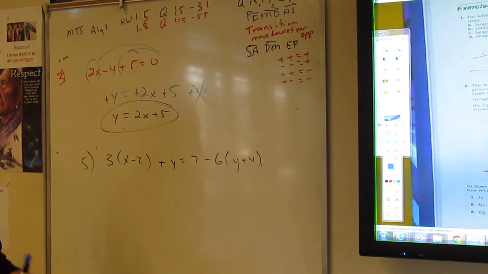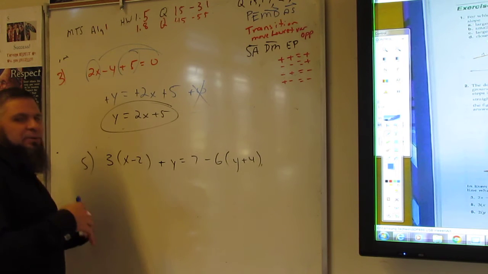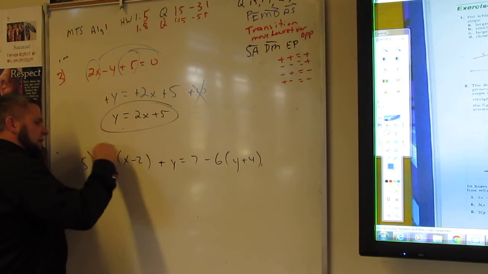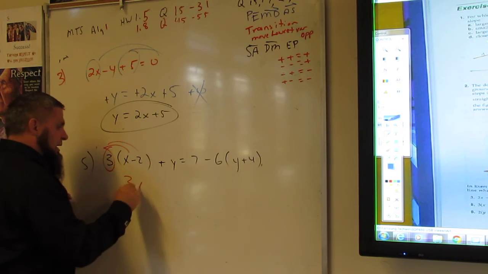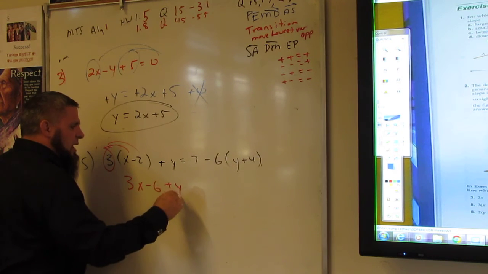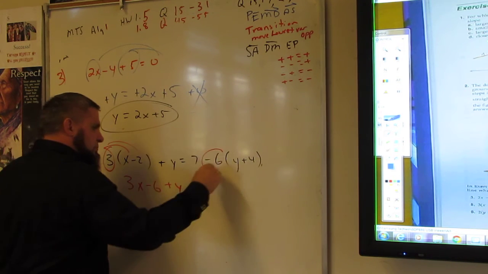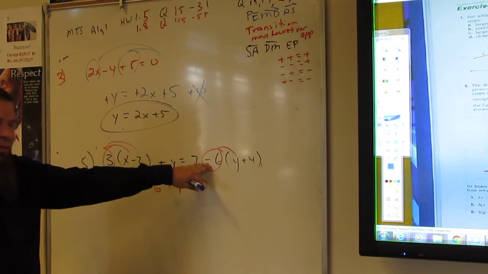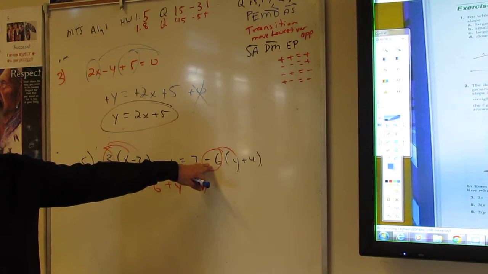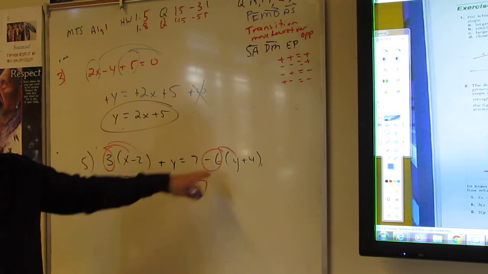Alright. Everybody on the block gets a paper. Right? We're right back to PEMDAS. Parentheses, exponents, multiplication, division. So this gets thrown through. 3x minus 6 plus y equals 7. That whole paper, the negative goes with it. You cannot forget that.